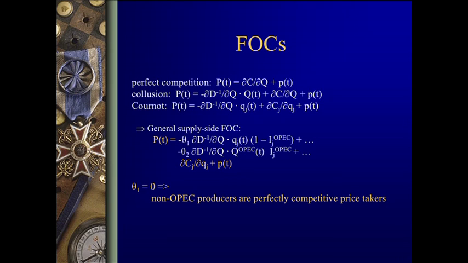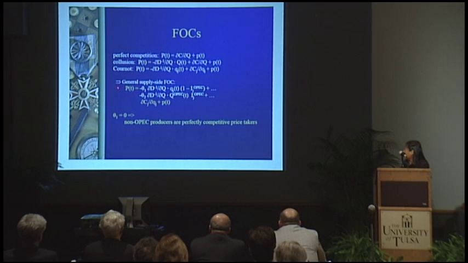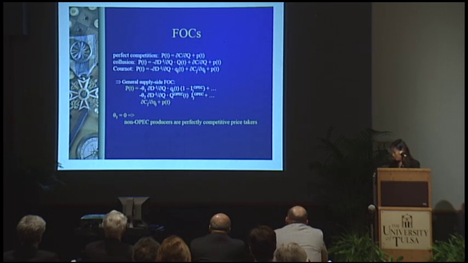If theta 1 here is equal to 0, so this term is not significant, and then the second term will not apply to non-OPEC producers because it's only multiplied by an indicator for OPEC producers, then the supply side first order condition collapses to price equals marginal cost plus shadow price. So this is exactly the first order condition for perfect competition. So if theta 1 is equal to 0, we have the result that the non-OPEC producers are perfectly competitive price takers.